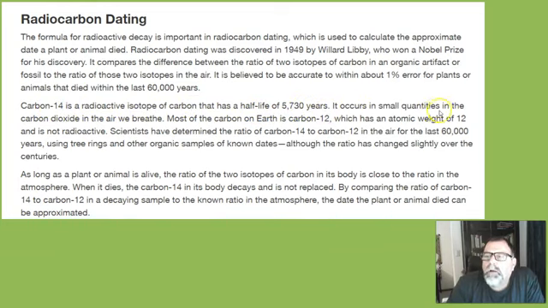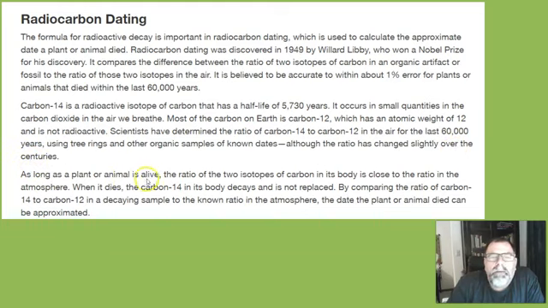It occurs in small quantities in the carbon dioxide in the air we breathe. Most of the carbon on Earth is carbon-12, which has an atomic weight of 12 and is not radioactive, so it doesn't decay. Scientists have determined the ratio of carbon-14 to carbon-12 in the air for the last 60,000 years, using tree rings and other organic samples of known dates, although the ratio has changed slightly over the centuries.